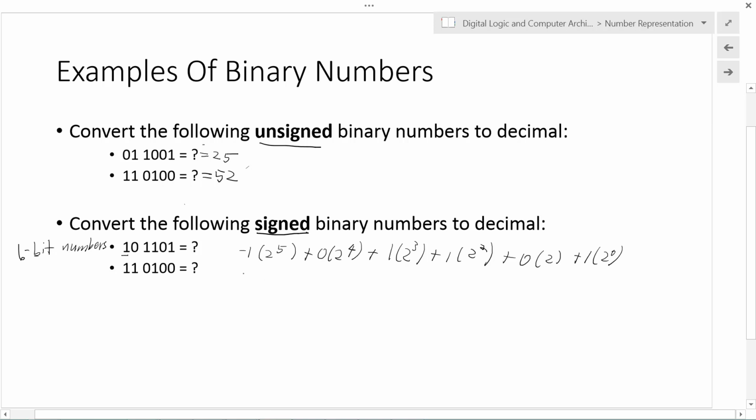What do we get altogether? Minus 32 plus 8 plus 4 plus 1. So minus 32 plus 8 is minus 24. Plus 4 plus 1 is 5. So we have finally minus 19.